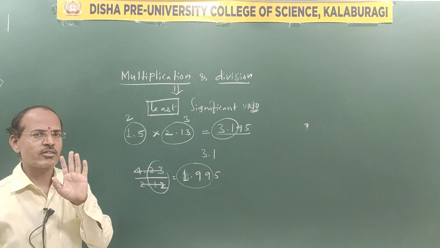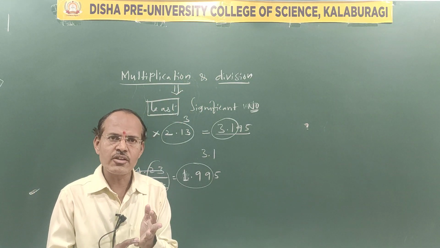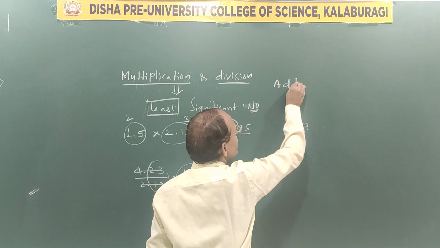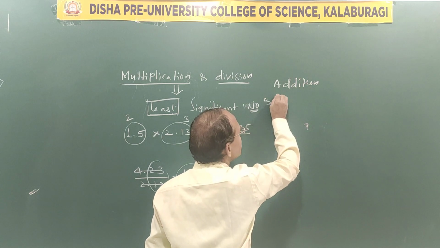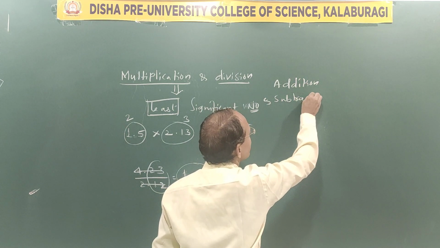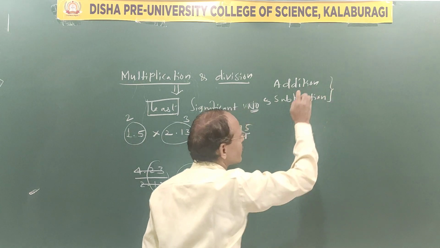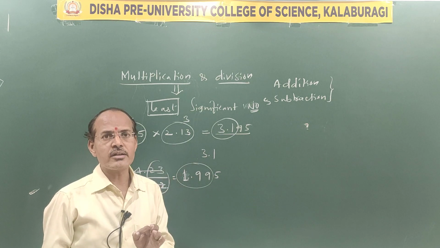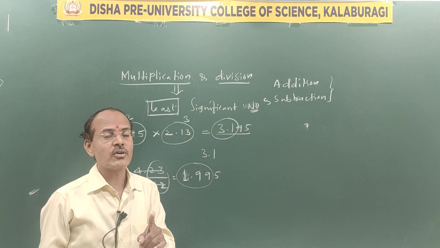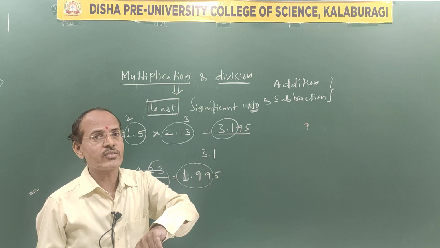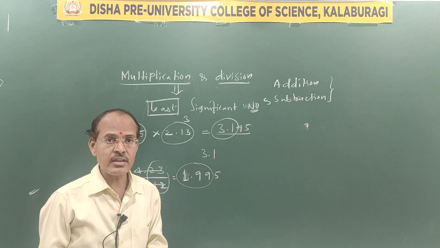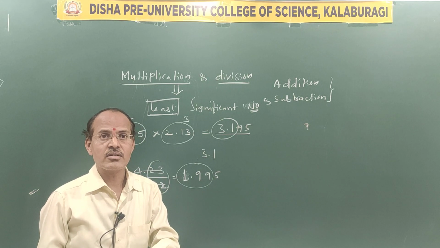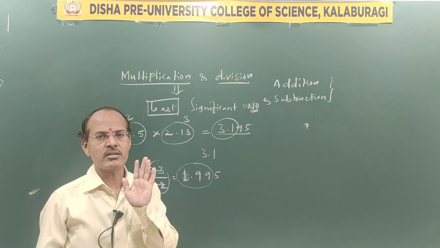Now concentrate here, in case of addition and subtraction. In case of addition and subtraction, try to take that value for assigning the significant figure which has the least number of significant figures after the decimal.